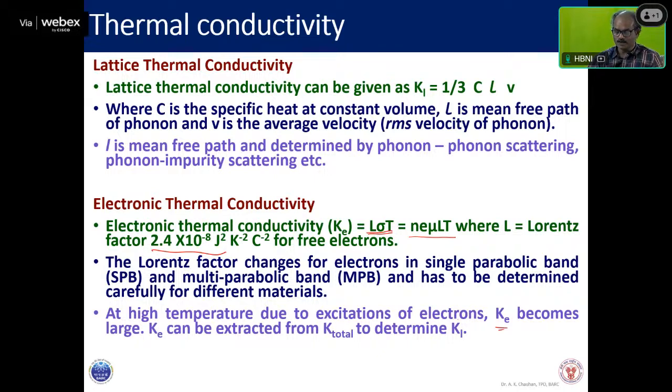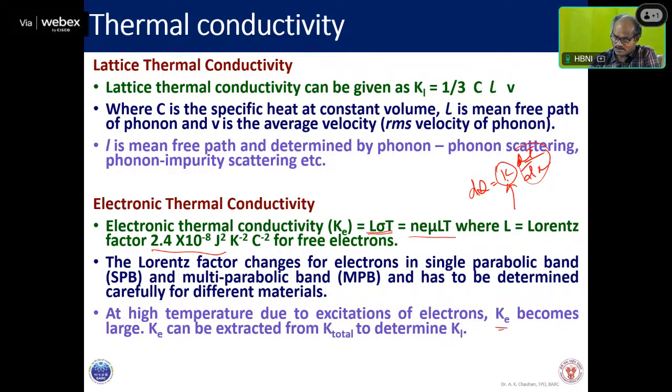So what we do normally, the total thermal conductivity is measured. How it is measured, that we know: there is a formula Q is equal to K dT by dx. So you have a material, and by this formula K is the total thermal conductivity. So this K can be found out from how much heat has been transferred over the gradient dT over dx in the equilibrium state.